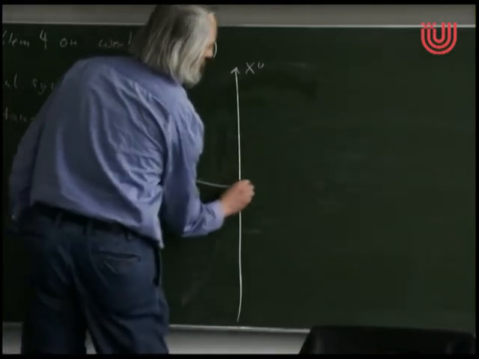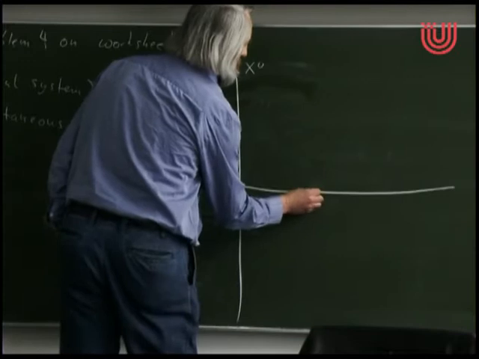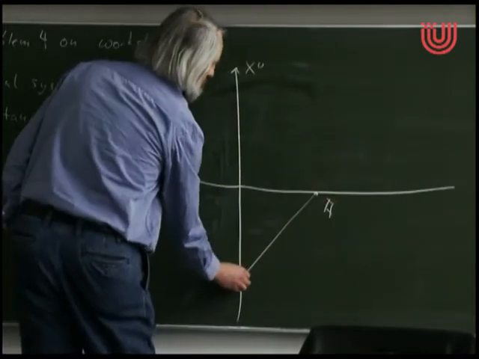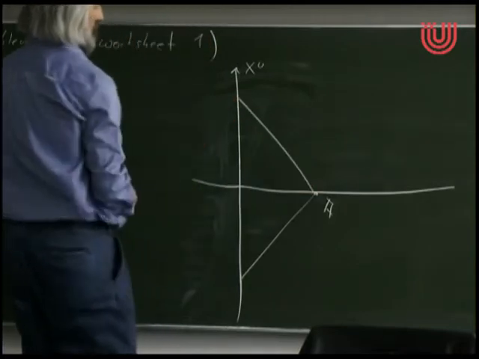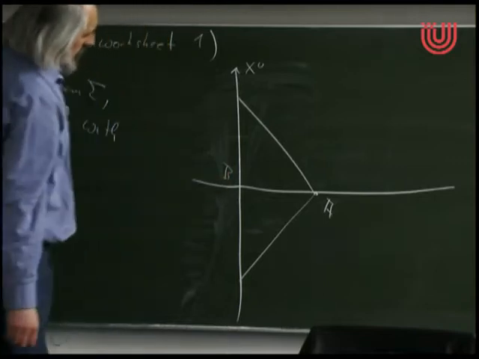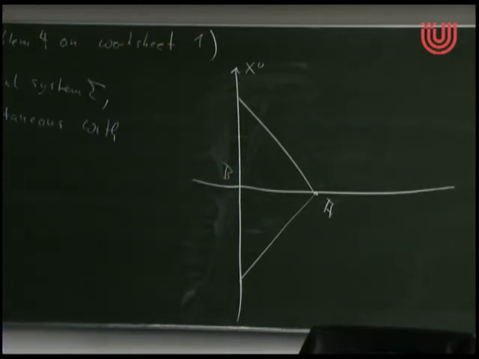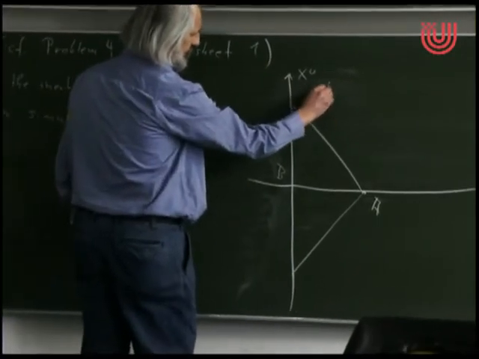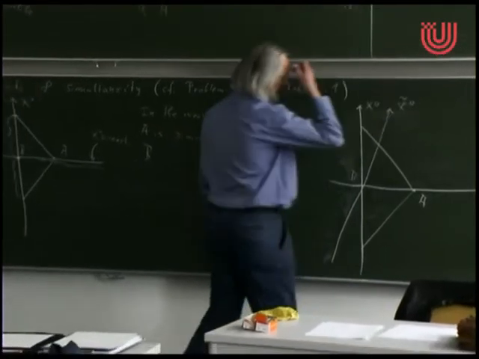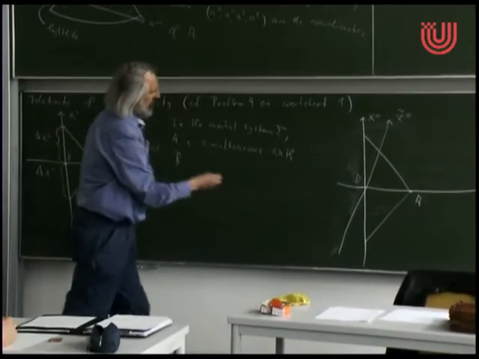Then I had here the hyperplane perpendicular, and here was my event A. And the light rays were this, under 45 degrees, right? And here was the event B. Okay, and now I introduce a new axis. Maybe it's a good idea to do the intersection point here. So that's x0 twiddle. Yeah, now it's better.